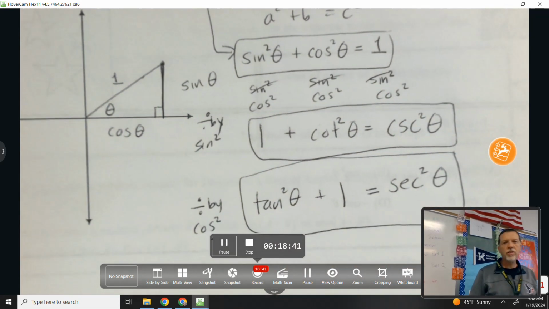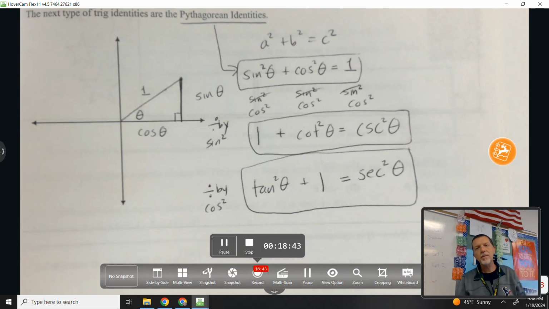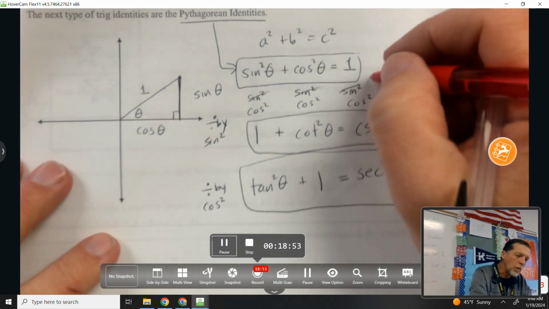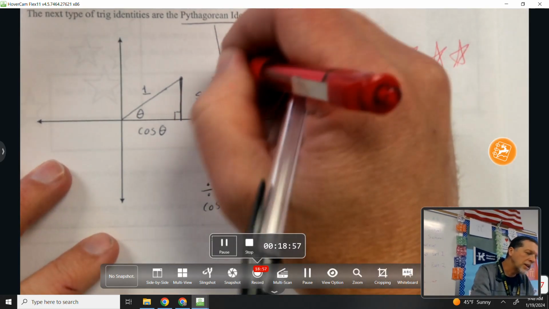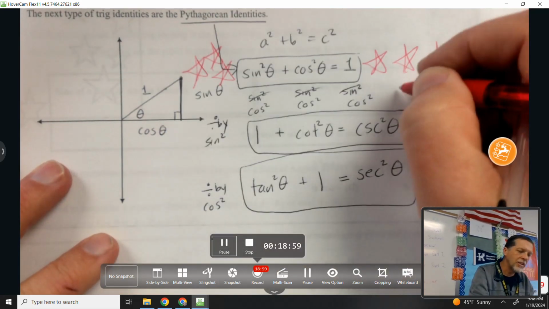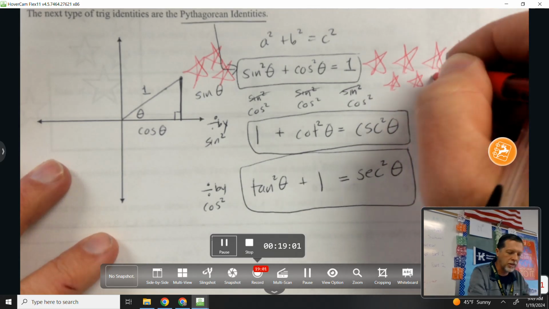So there's your 3 Pythagorean identities. I don't memorize the other 2. I have to think about it when we get to this unit, like where does the 1 go, who's added. So my suggestion is memorize this one. It's by far the most common, and it's easy to get to the other 2 if you know that one.